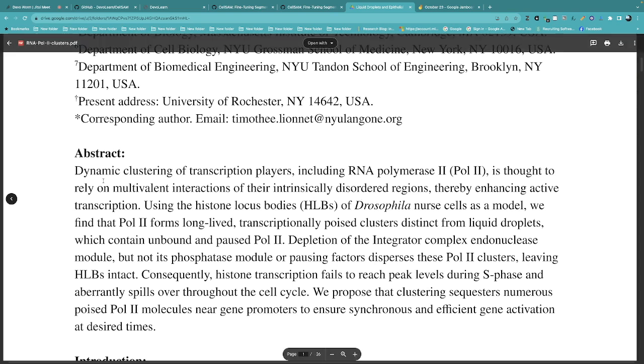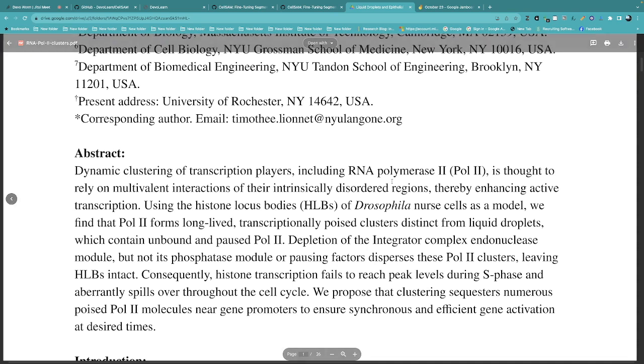The abstract reads: dynamic clustering of transcription players, including RNA polymerase II, which is this Pol-II. Again, it sits on top of the unzipped DNA helix and helps to transcribe the genes or whatever is being transcribed. This is a molecule that exists in the nucleus.